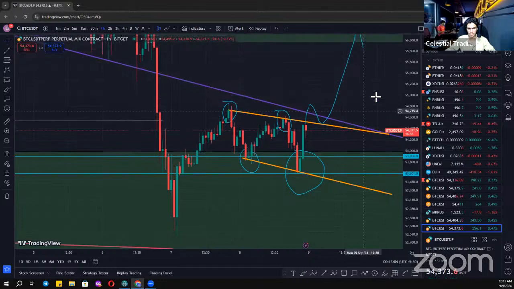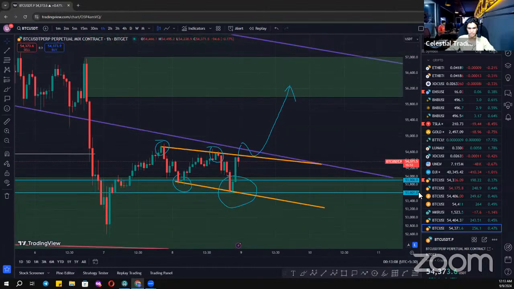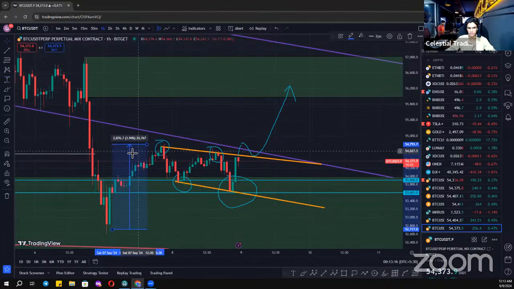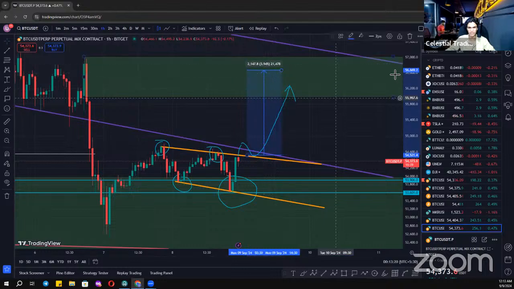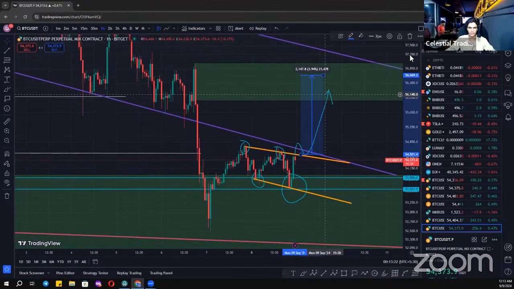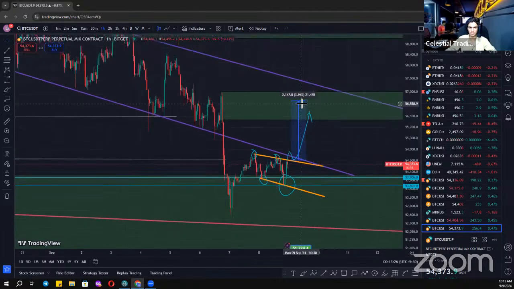If it breaks this upside, we can expect a pump of 3.94 percent or more than that.